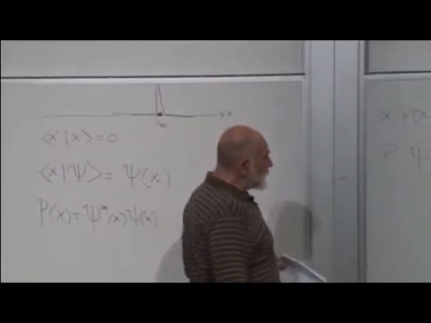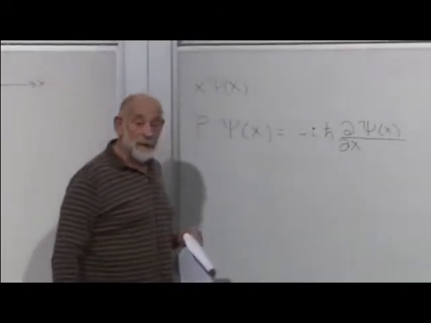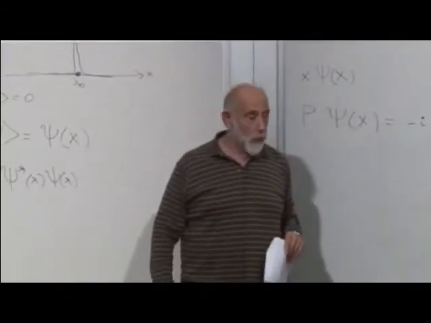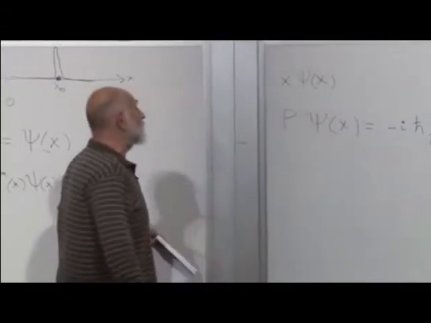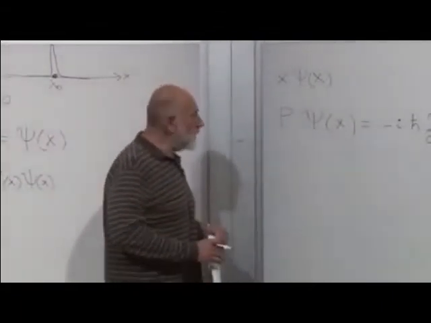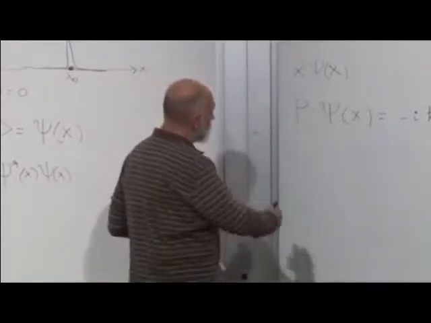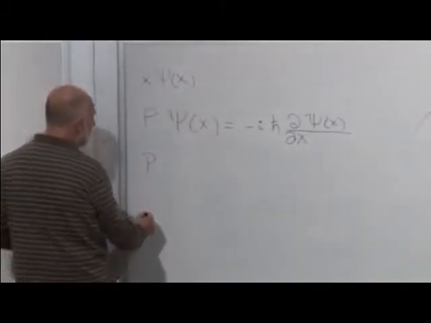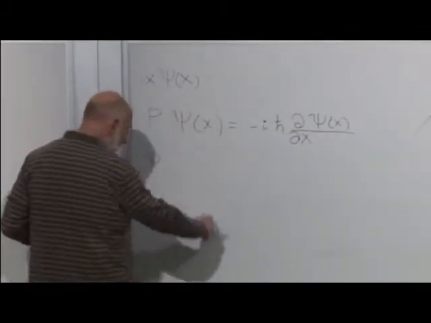Now, what are the states for which the momentum is certain? In other words, what wave functions correspond to particles with definite momentum? Those are gotten by solving the eigenvalue equation.